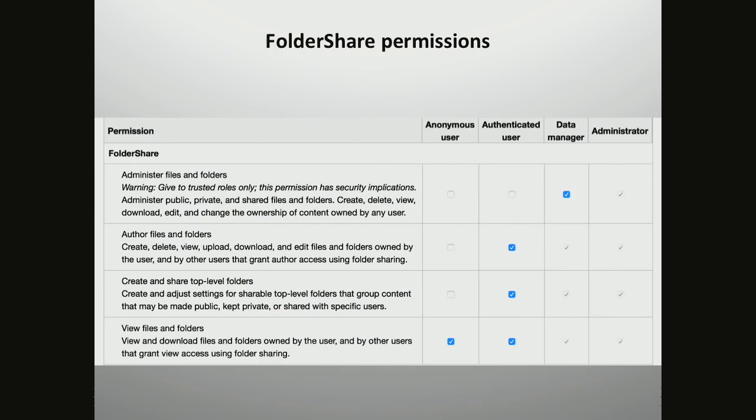Normally you'd give it to all authenticated users, but there may be some use case where, let's say, you want someone to edit or contribute something which you are working on, but not start to use your site as their data sharing repository. In that case, you can create a role and say, hey, these guys are collaborators. They can put in stuff, but they cannot start to use our site as their collaboration mechanism. So there may be a use case like that. And of course, who can administer the module and things like that.